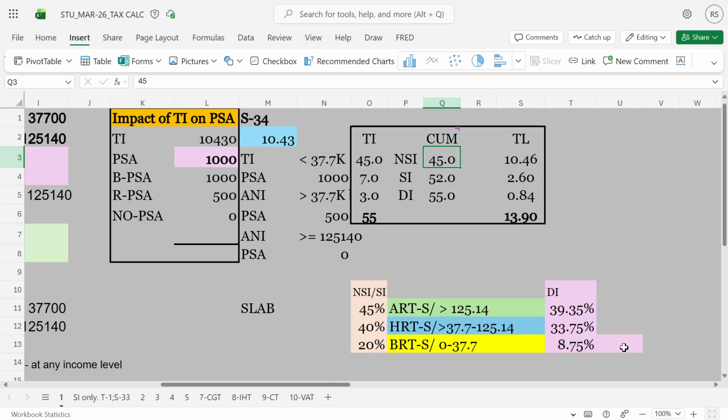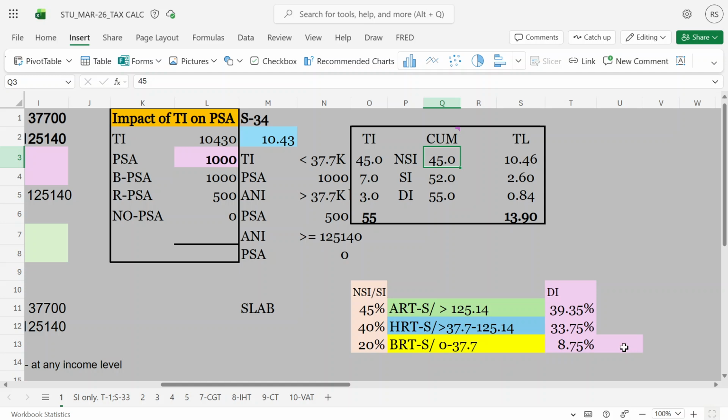If the dividend income has reached the last band, which is above 125,140, we need only use the last band rate. This band movement, the moving through the band, is a function of your total income being assessed for taxation.